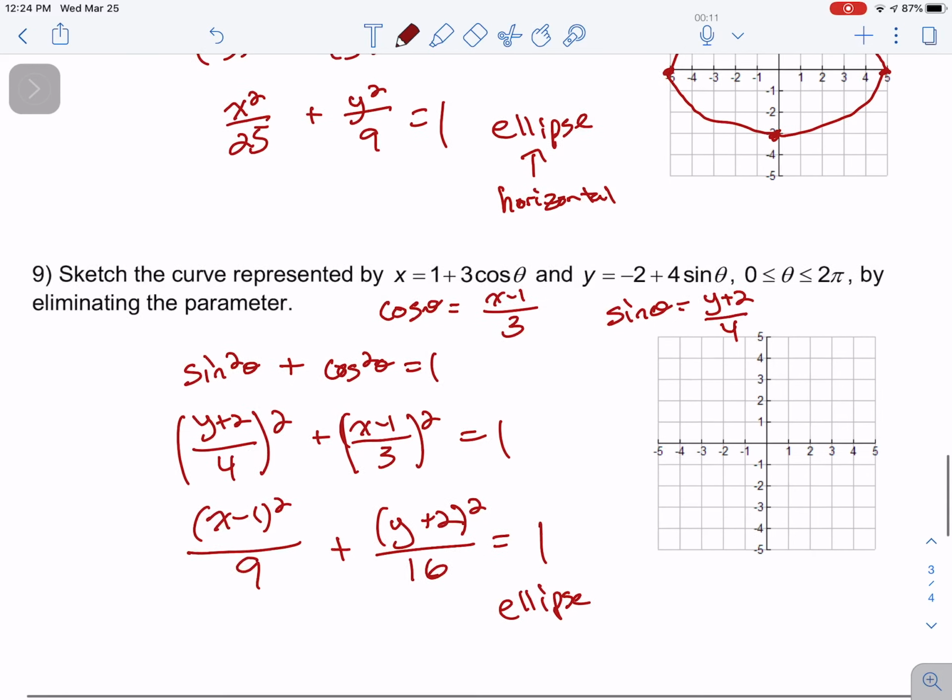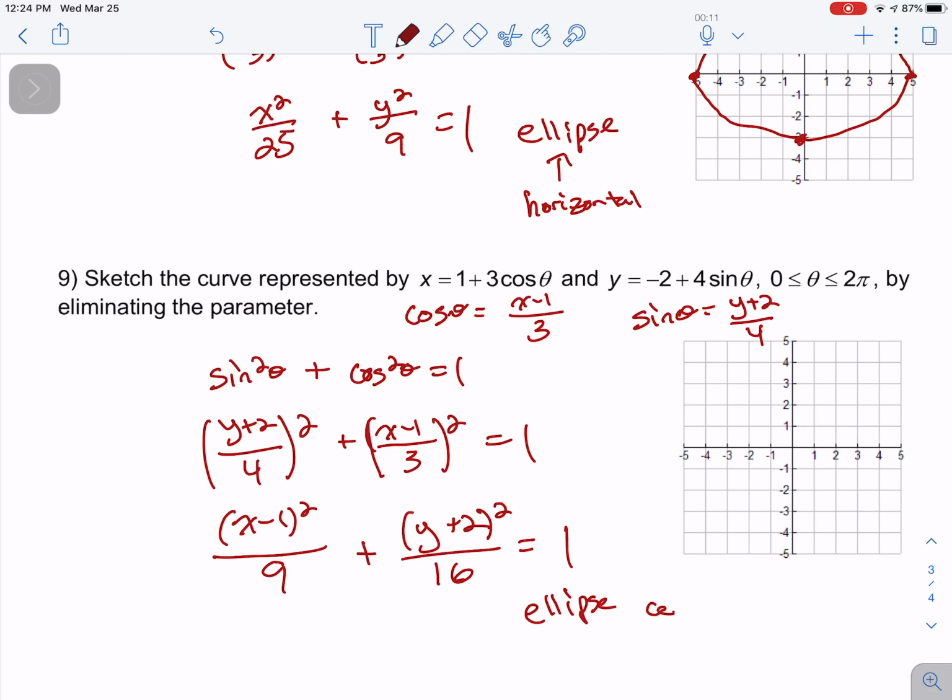Okay, centered at, it looks like it's going to be 1, negative 2. So go down to 1, negative 2. There's my center point. In the x direction, I'm going each way 3, and in the y direction, going each way 4. So 1, 2, 3, 1, 2, 3, 1, 2, 3, 4, 1, 2, 3.